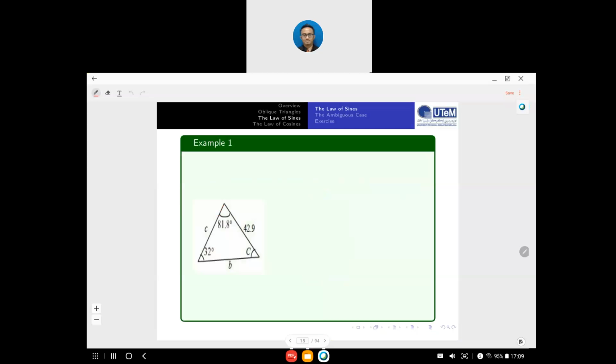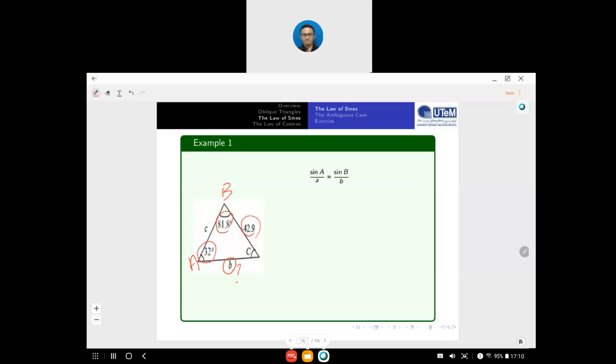To solve this, we can use sine A over a, because we know angle A and we already know the length a, and then sine B, because we know angle B, and we can get this length b.